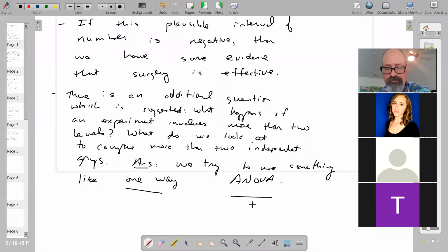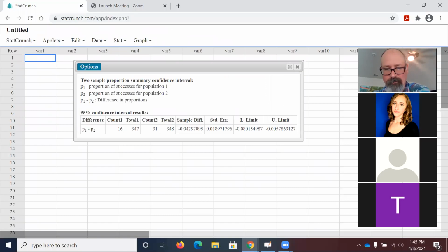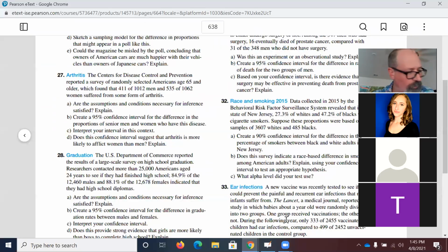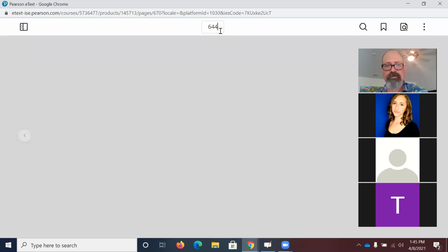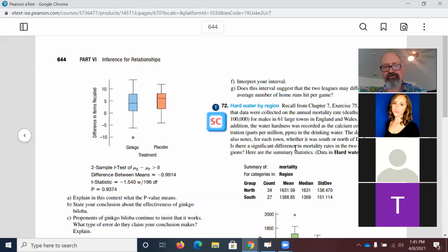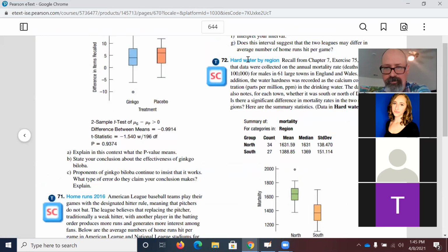So what I'd like people to do is, again, we'll mess with the book a lot today. So let's go to the next question that I have in mind. Looks like it's question 72 on page 644. So the question that I have in mind is this one right here.